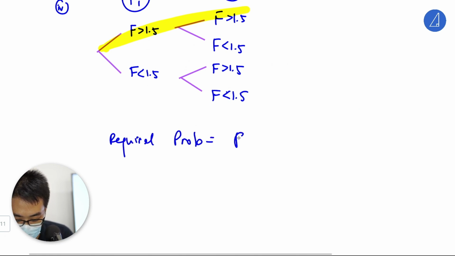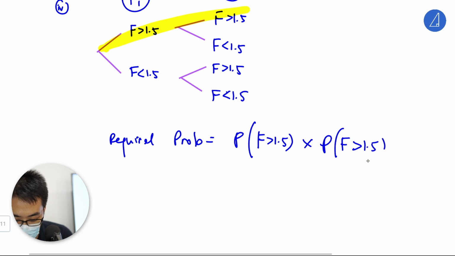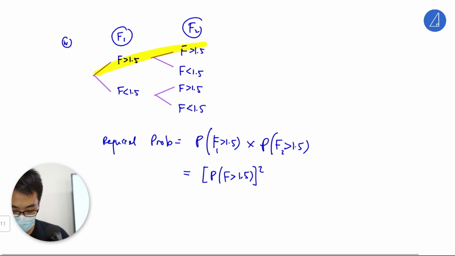It will just be P(F > 1.5) times P(F > 1.5). So it's actually just this. Okay, this is it.